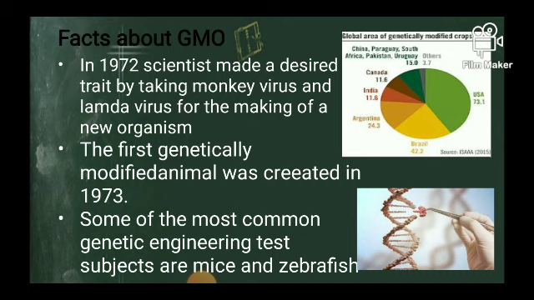Number three, identifying all of the genes. Number four, determining their functions. Number five, understanding how and when genes are turned on and off throughout the lifetime of an individual. Well, this was a little bit about genetic engineering, GMO, and all those.